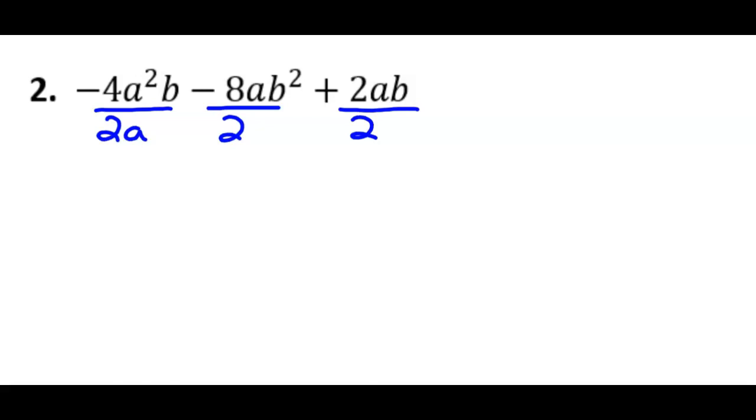And sometimes you're not going to be able to take out some of the variables. Sometimes you won't, unless all 3 terms have the same variable. If not, you can't take anything out. How many b's am I going to take out? 1. Do you see that I am doing that one number at a time, then one variable at a time?